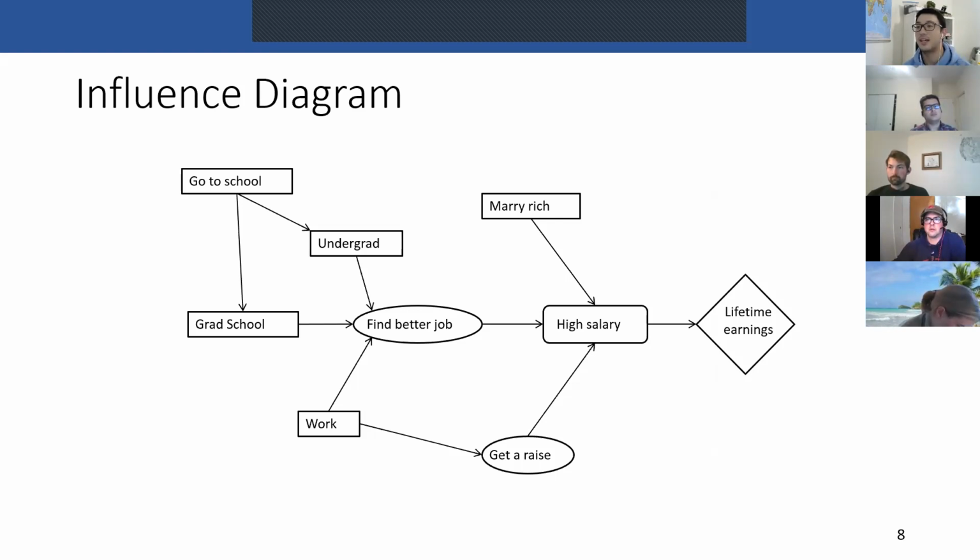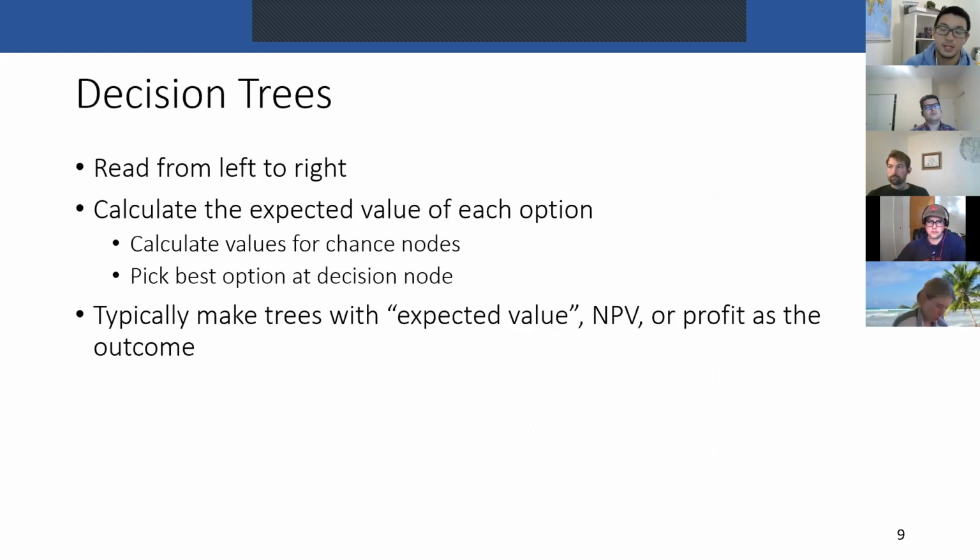We're not going to get into that with influence diagrams, but we will start to talk about this with decision trees. This last category is what we're going to be spending the bulk of the time on today.